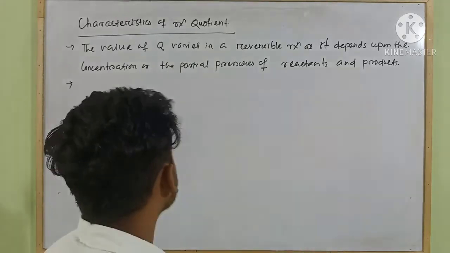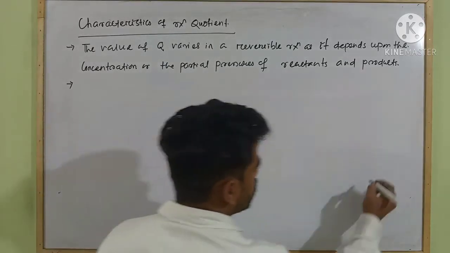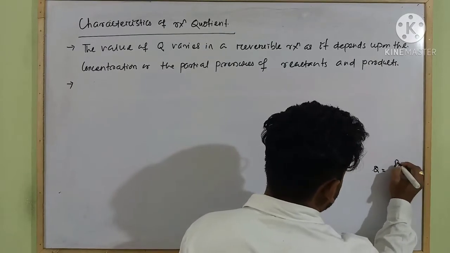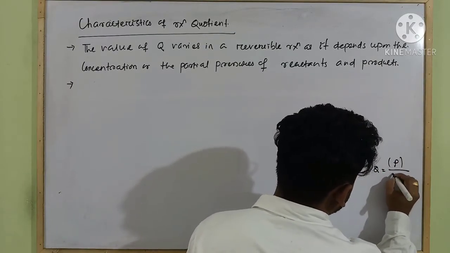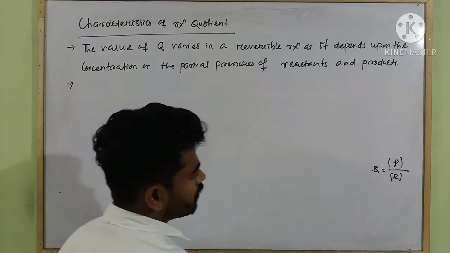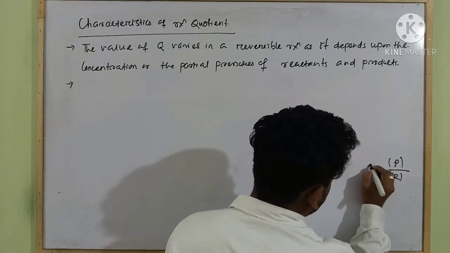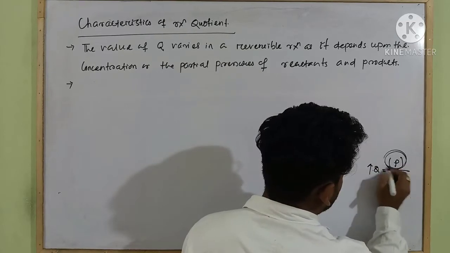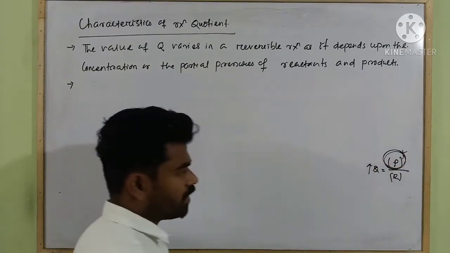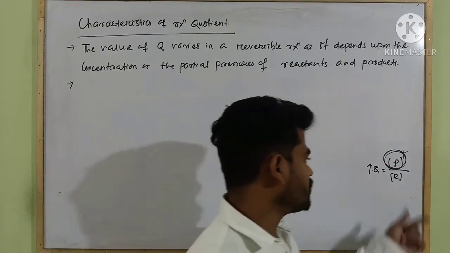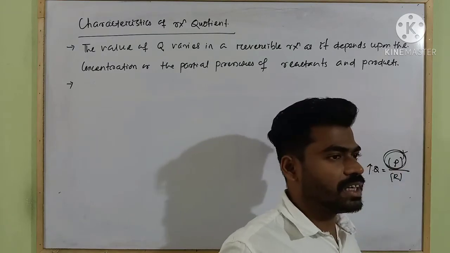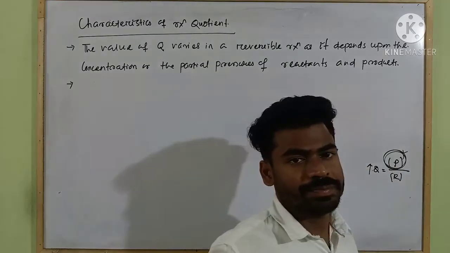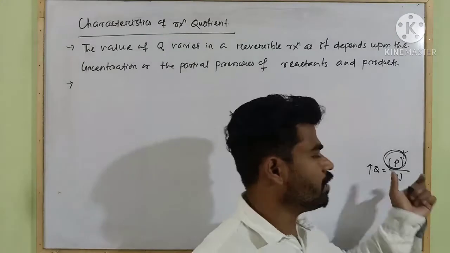You see, Q is the concentration of products upon concentration of reactants. If the value of Q increases, what does it indicate? That means the amount or the concentration of products increases here. So the concentration of products is increasing, that means it clearly indicates that the reaction is proceeding in forward direction.